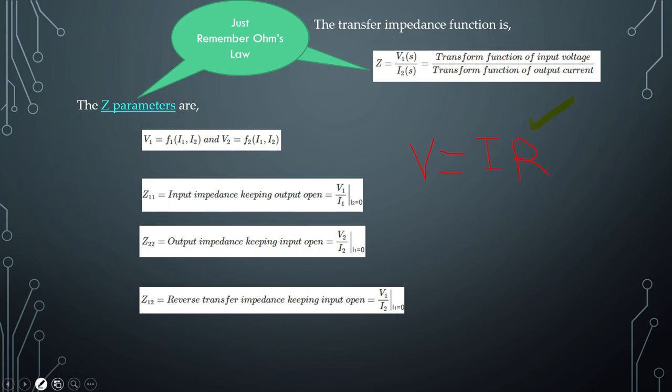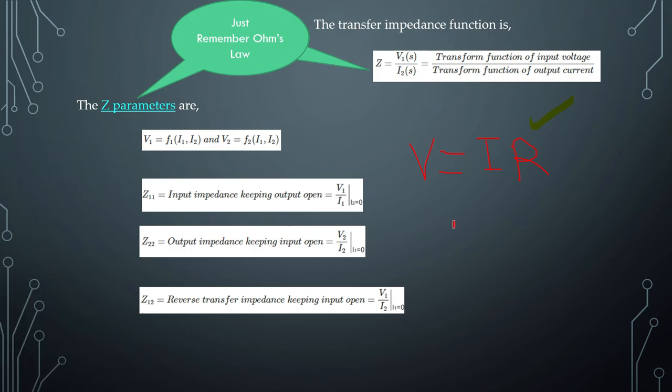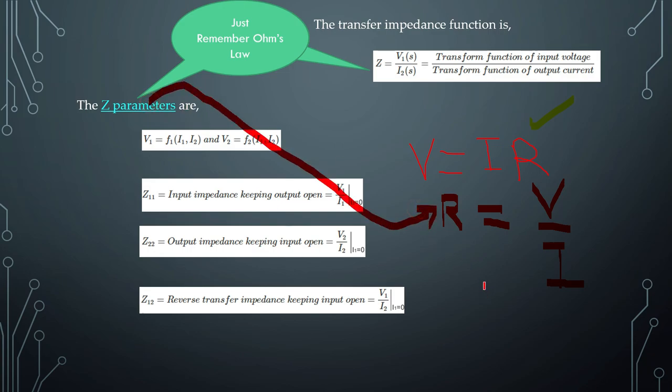We are saying this R, resistance, can be compared with the value of this Z. So from here we can say this R is nothing but equal to V by I. R is equal to V by I and R is nothing but Z in this particular case. So Z will be equal to V by I. So if my V is V1, that's the input side voltage, and I is I2, then it will be V1 by I2. That is the transfer function of input voltage and output current.